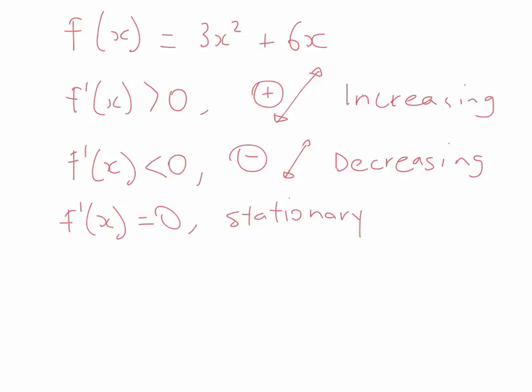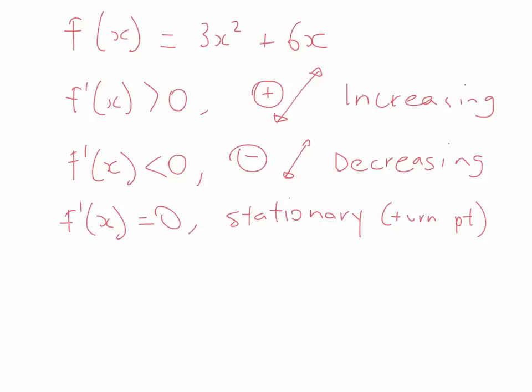Okay, that's a stationary point, and normally, not always, but normally that represents a turn on our curve. So it's the vertex of a parabola or alike for a cubic or quartic, but there are cases where that's not true, and we'll look at those in this topic, but that's typically a turning point if our first derivative is 0.